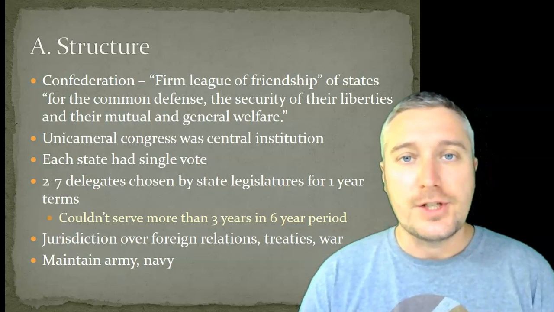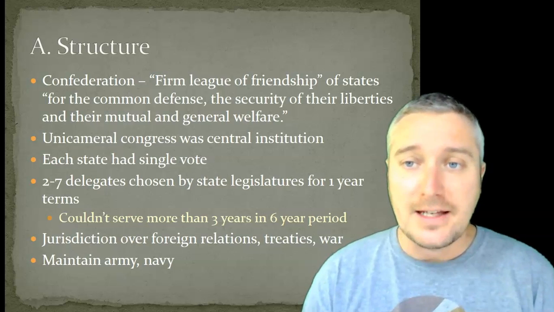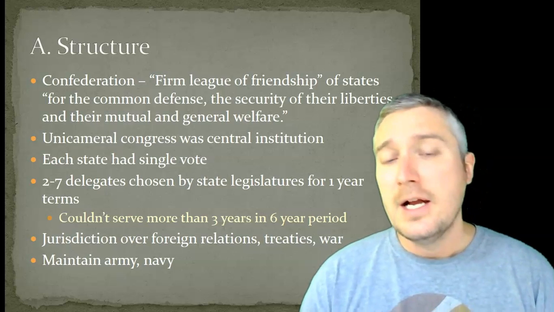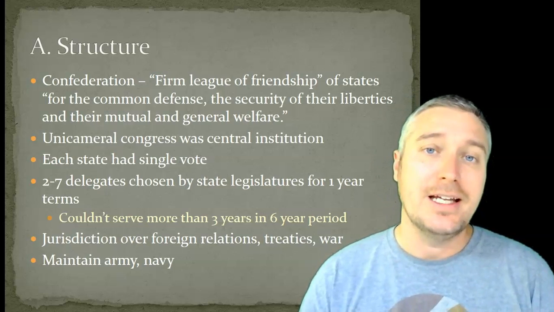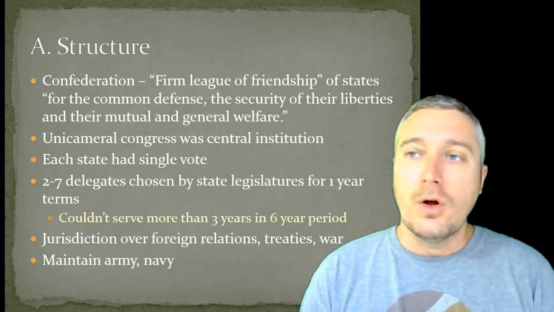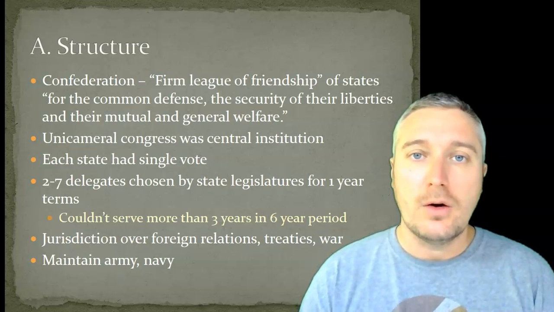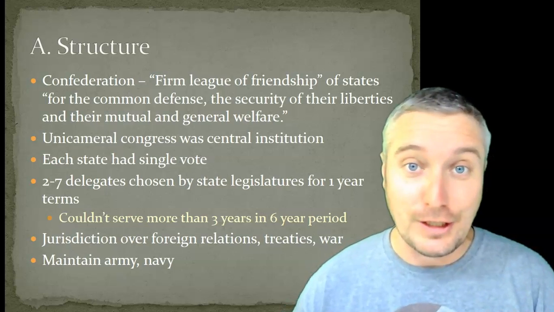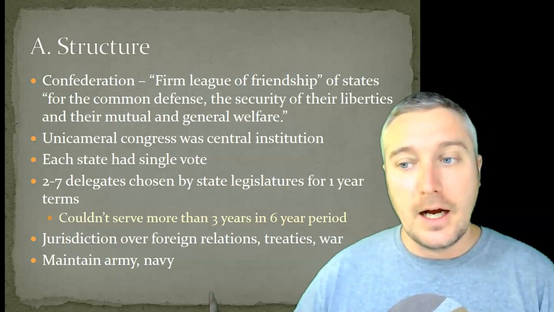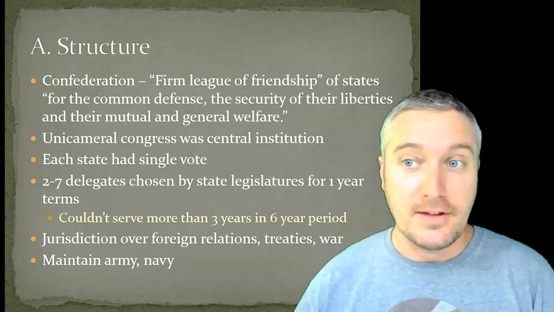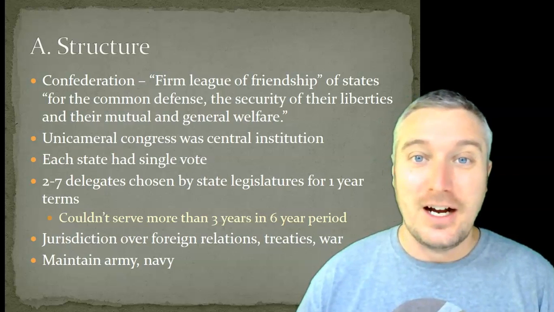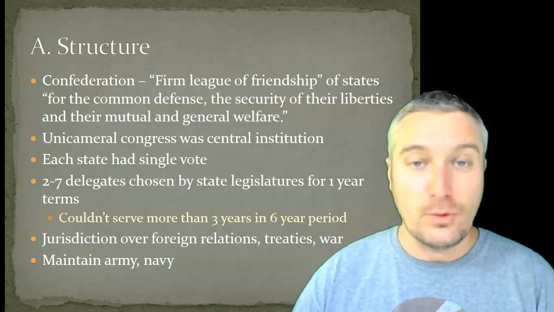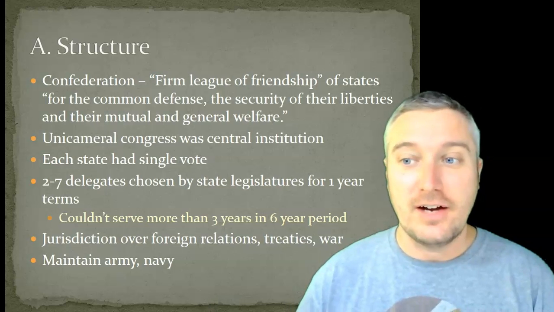Each state could send somewhere between 2 and 7 delegates to represent their state. They were chosen from the state legislatures themselves, so the state government selected 2 to 7 individuals and sent them for 1-year terms. They could not serve more than 3 years in any 6-year period. So this was one problem that they saw, that there were these lifelong politicians, and I think most people could probably argue that that's one of our issues today, but they go the exact opposite way, and they have it to where hardly anybody in this Congress is going to have a lot of experience, and they know that their time is not only valuable, but they're going to push to get a lot of stuff done.